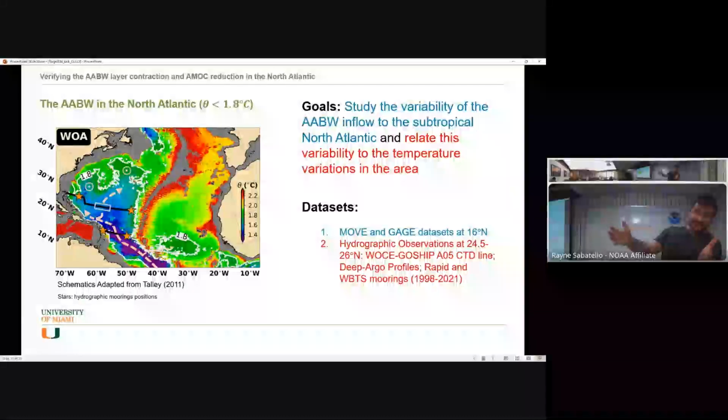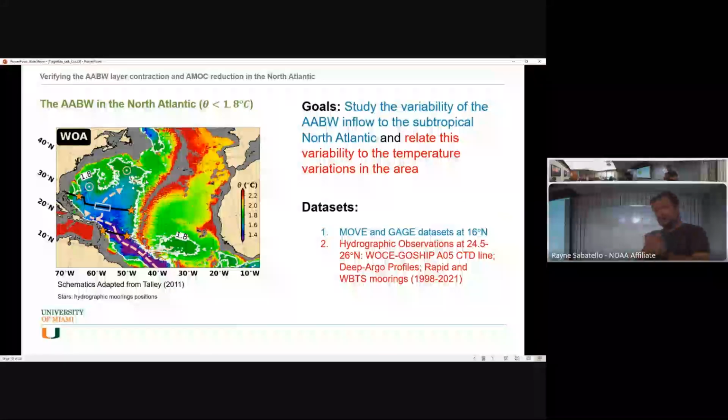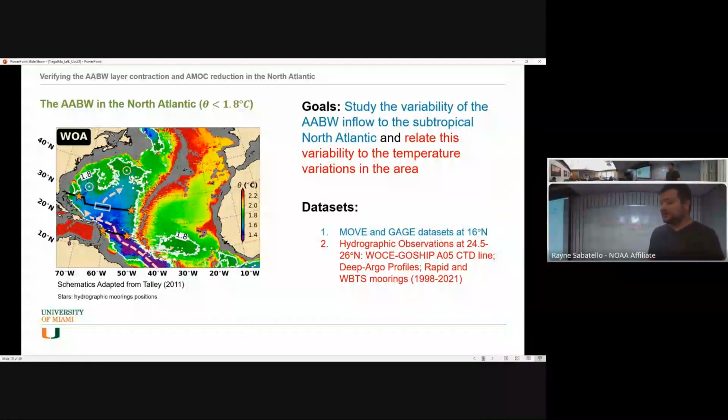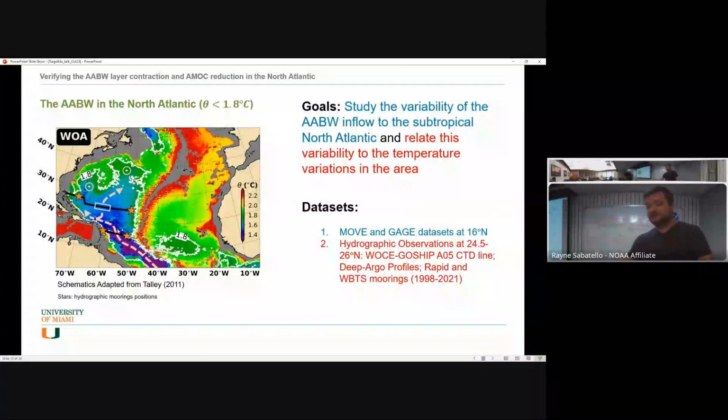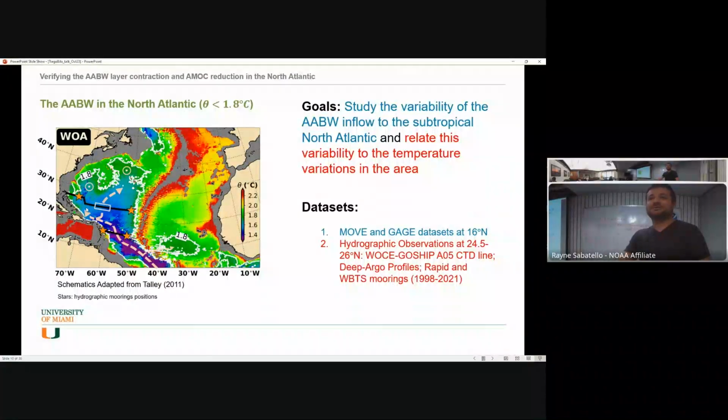So we use all the data that we can find around this area between 1998 and 2021, and we were looking to have a few deep Argo floats as well within this very tiny box in the middle of the Atlantic.